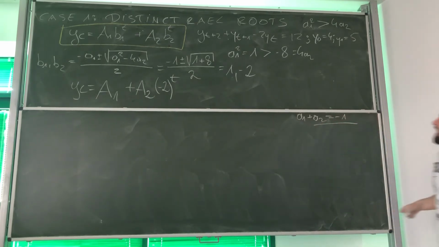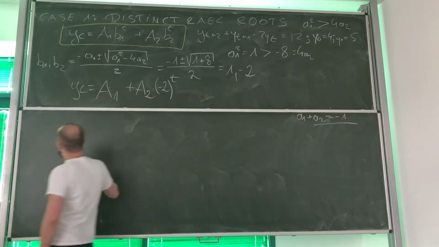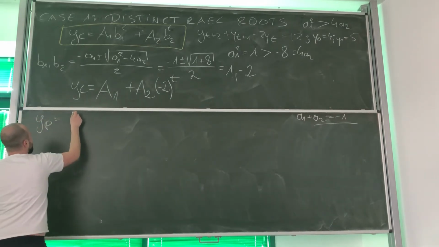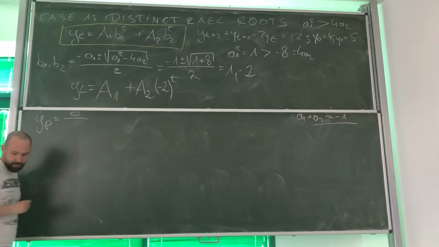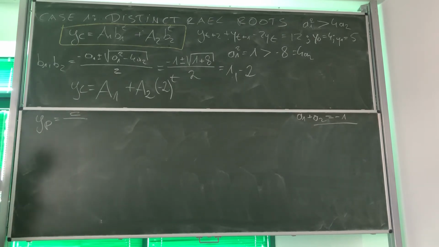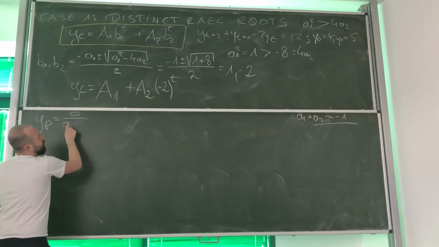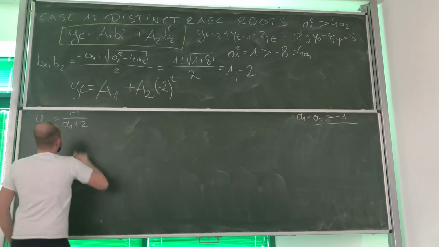Okay? Right? So we will have moving equilibrium. So YP, in this case, is C over A1 plus 2.